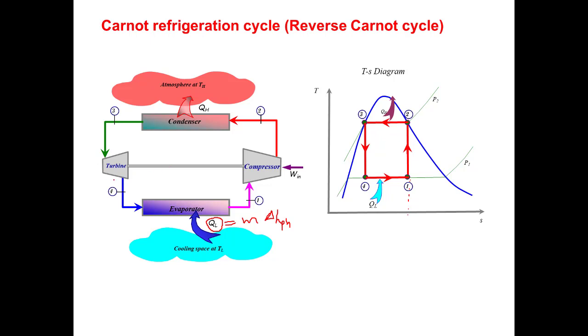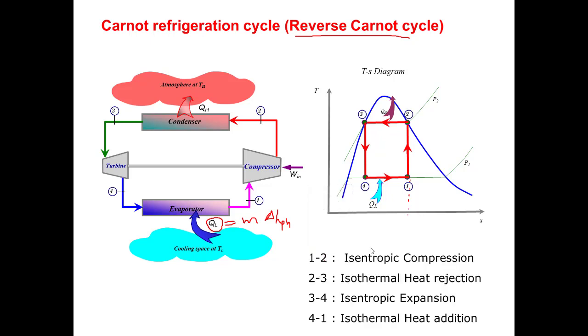Again, how can we model that expansion device? Let's say turbine, that we could model as isentropic expansion. So 1 to 2 was isentropic compression, and this is isentropic expansion. So this is how the refrigeration process is modeled based on the reverse Carnot cycle, right? So these are the four processes.